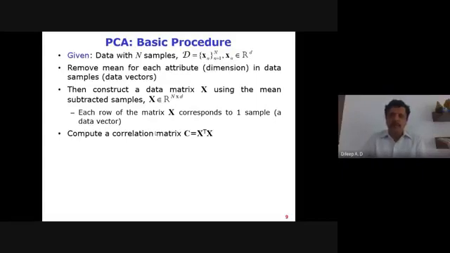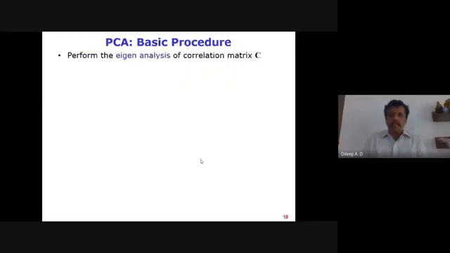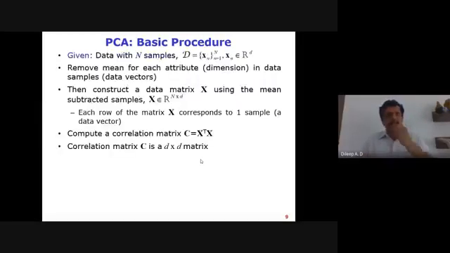Now when you compute the correlation matrix, that is X transpose X, what I'm going to get is the correlation matrix C as a d cross d matrix. Hope you're all following this. This correlation matrix is a symmetric matrix.